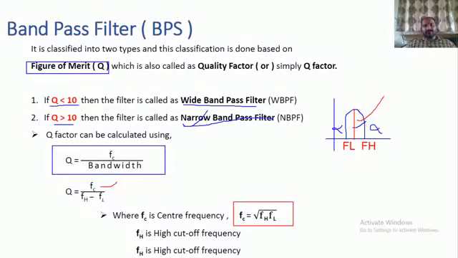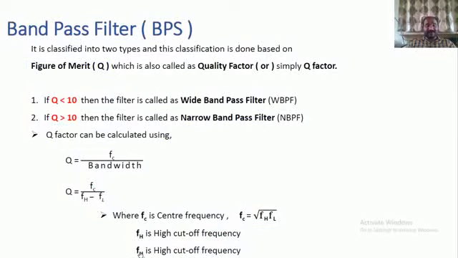Fc is the center frequency of the filter. FH is the high cutoff frequency of the band pass filter. Sorry, in both cases I just did a cut and paste. So FH is the high cutoff frequency of the band pass filter, and FL is the low cutoff frequency of the band pass filter. I'm sorry, here you should have FL, the low cutoff frequency.